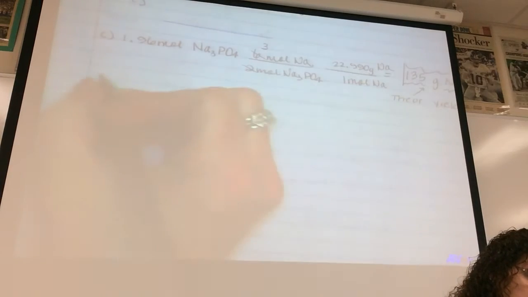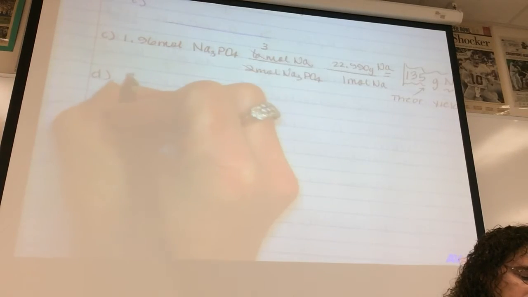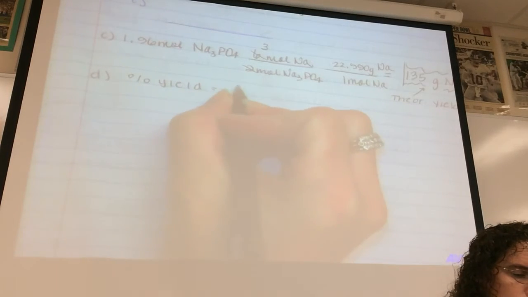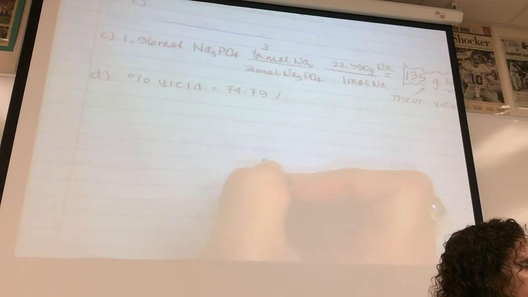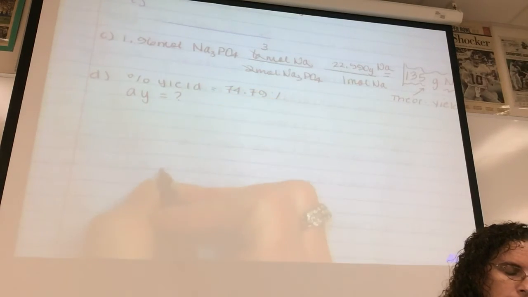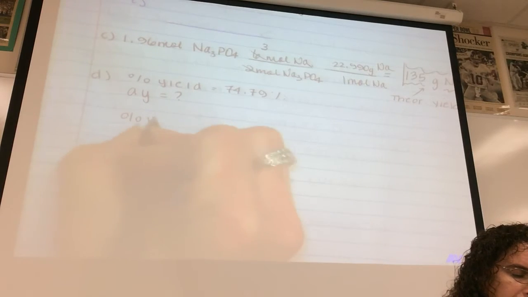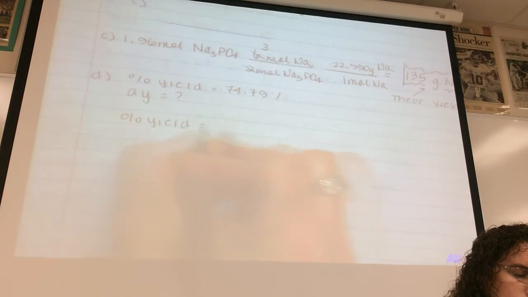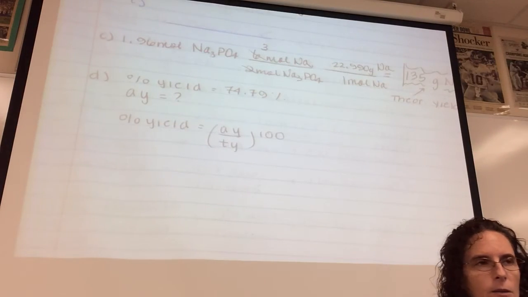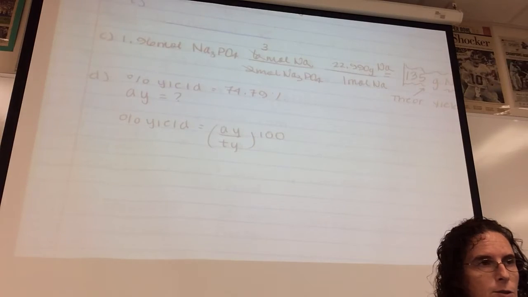Now D says that the percent yield is equal to 74.79. We want to know the actual yield. Well, we know that percent yield is equal to actual yield over theoretical yield times 100. Can we manipulate those variables to solve for actual yield?